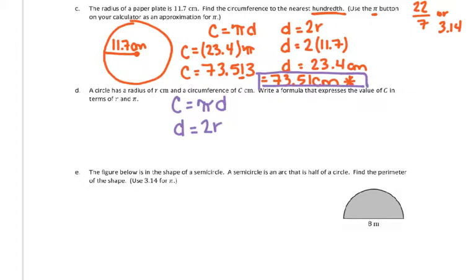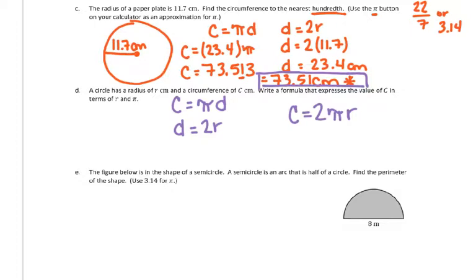So what we're saying is, if we are given the radius and we need to find the circumference, we can represent this formula in terms of pi and the radius by saying the circumference is equal to 2 pi r, because we need to multiply 2 by our radius to get the diameter, and we're still going to keep our r.